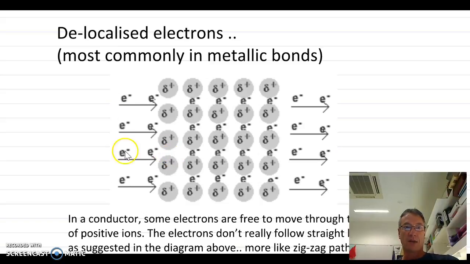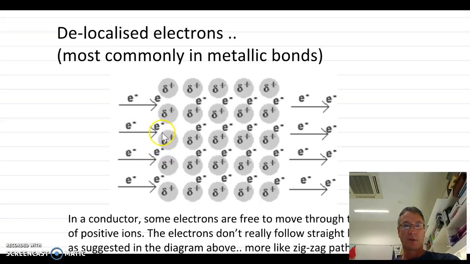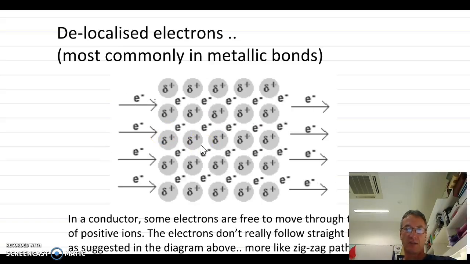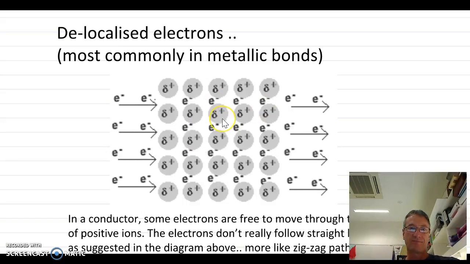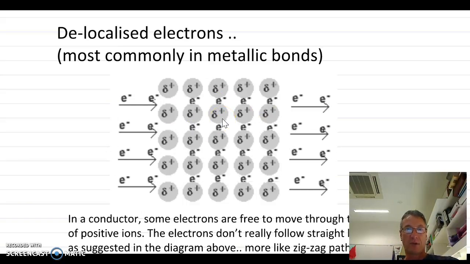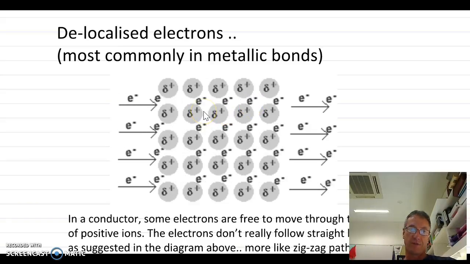The electrons in a metal, the valence electrons in the outermost shells, are delocalized, so they can be made to flow in a wire if they experience a force.